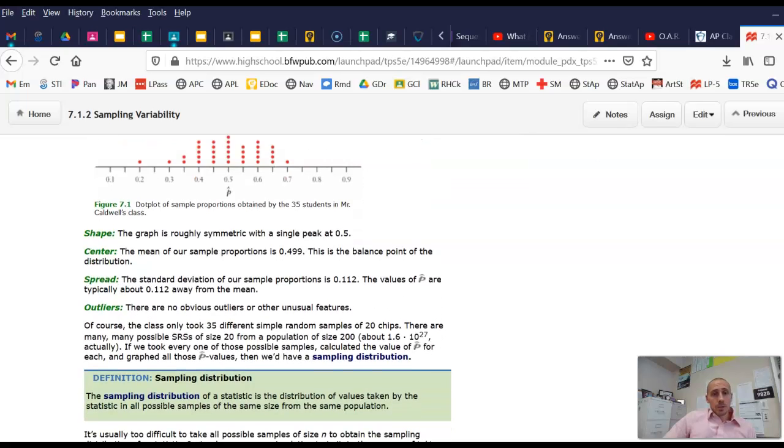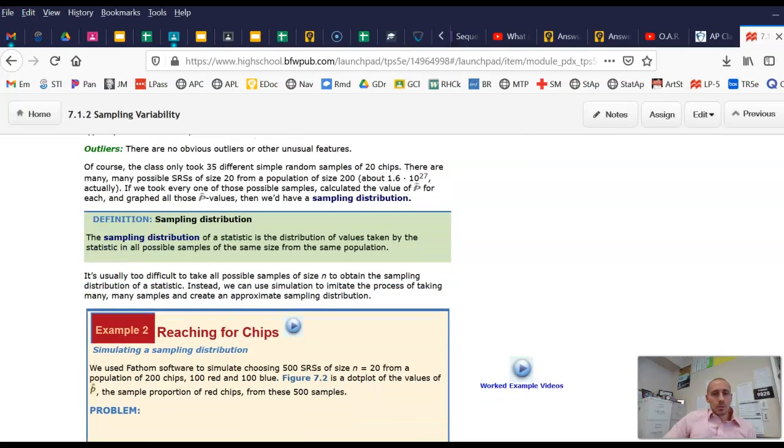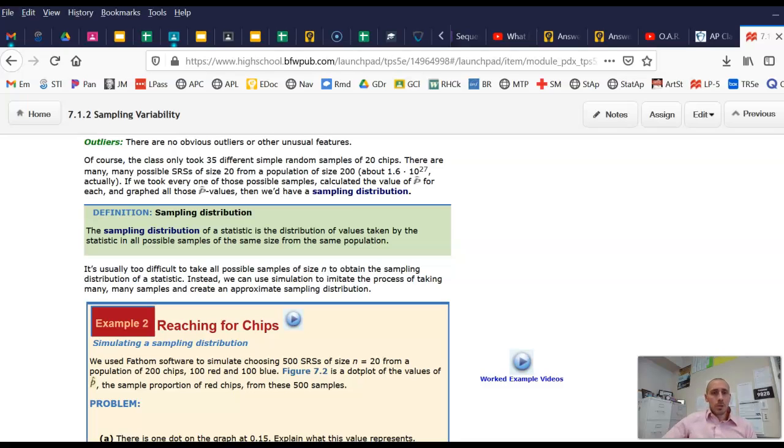And eventually we're going to calculate the mean and the standard deviation. So the sampling distribution of a statistic, whether it's the sample mean, the sample median, the sample IQR, it can be anything, is just all the possible values that the sample could take on if we took every single sample possible of that size.